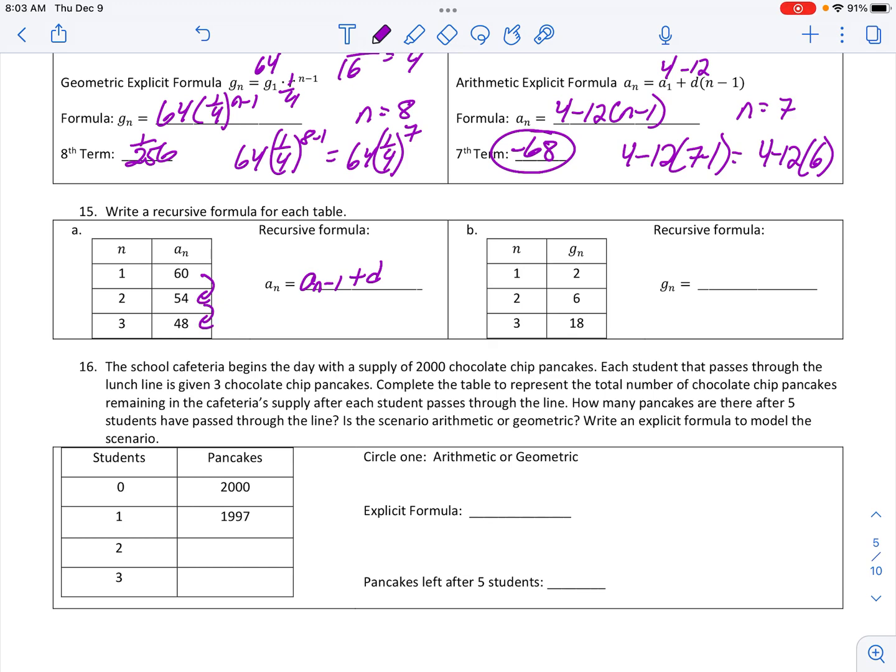Just like we've been doing in our notes, because this is arithmetic, okay? We are subtracting 6. So my common difference is -6. So if I wanted to find the next term after that, 48 minus 6, which would be 42. 42 minus 6, that's the recursive formula.